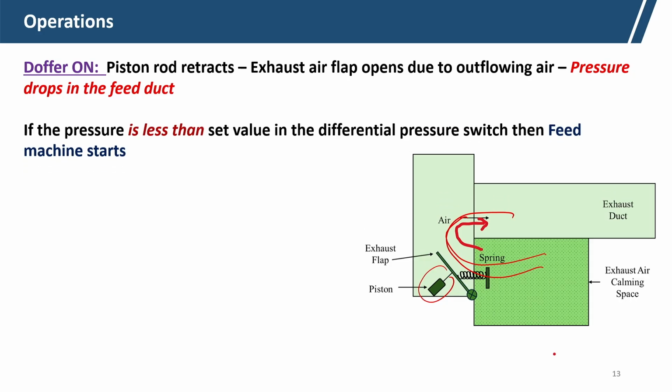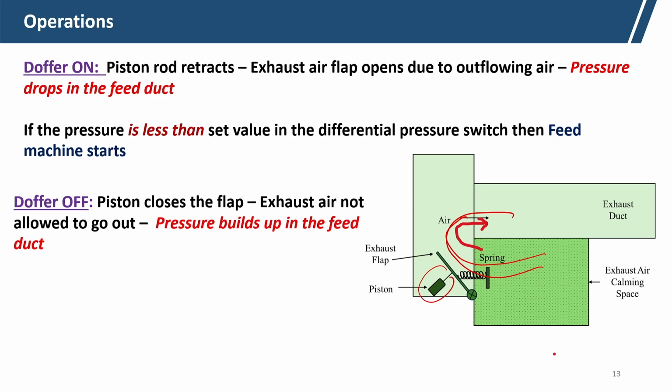If the pressure is less than the set value of the differential pressure switch, then the feeding machine starts feeding. It is controlled by the pressure drop. Damper on means the piston closes the flap, exhaust air is not allowed to go out, and pressure builds up in the system.